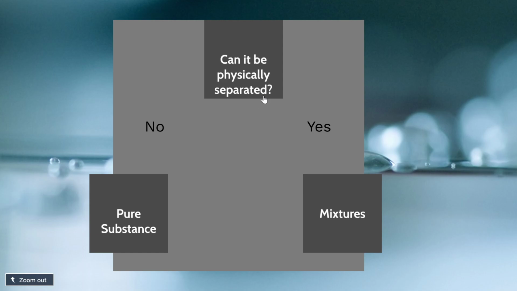It can also be anything that does not have a fixed composition, which means that you can modify how much of different materials are in there. Whereas a pure substance has a defined composition. So it has to have the exact same amount of things in there.